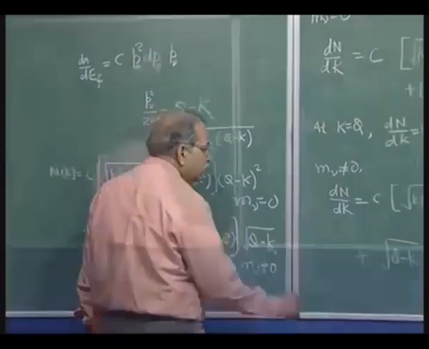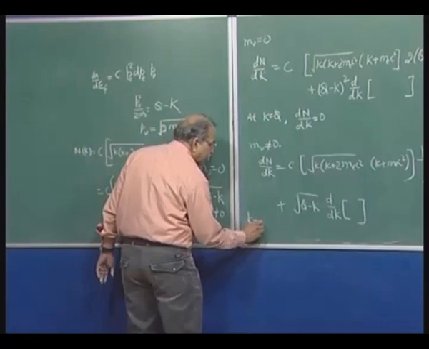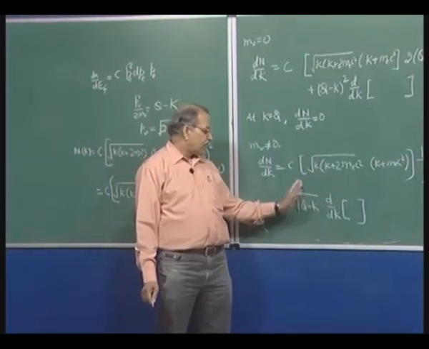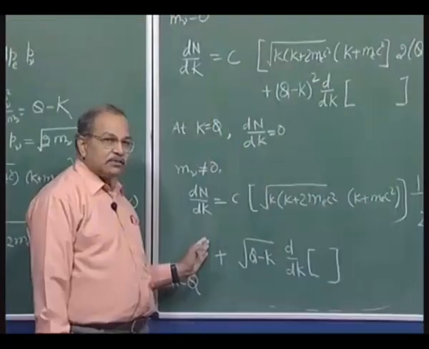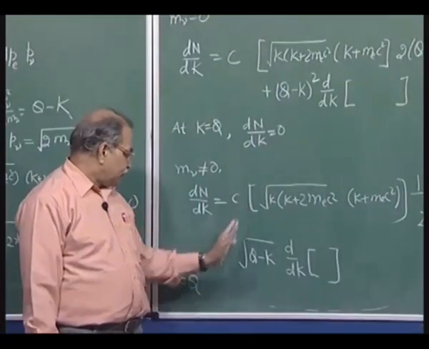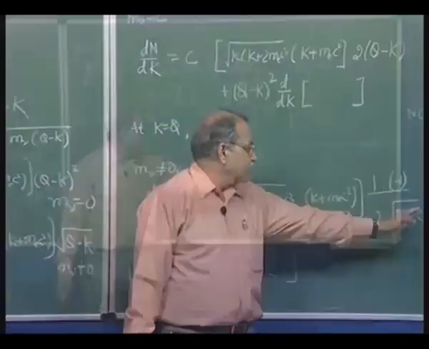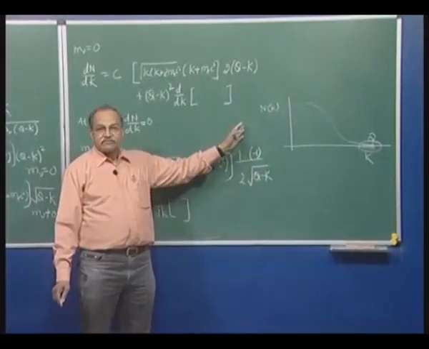Now, you put K equal to Q, what happens? The second term will be 0, because at K equal to Q this factor is 0. But the first term, when you put K equal to Q, goes to infinity.